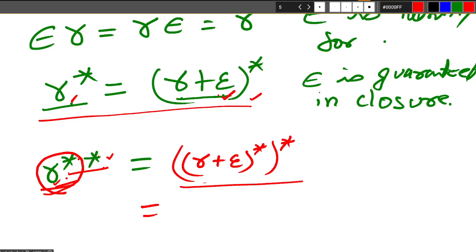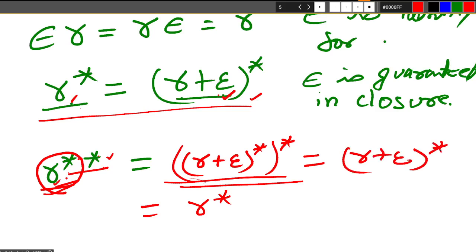So R star star is already R star, nothing else. Or if you write it like this, it can be written as (R + epsilon) star, nothing else. The extra closure on it is not generating any extra string. So by this you can say that the star operation or closure is idempotent.